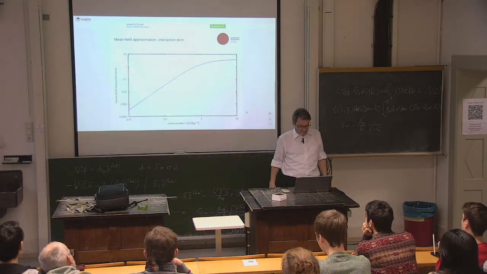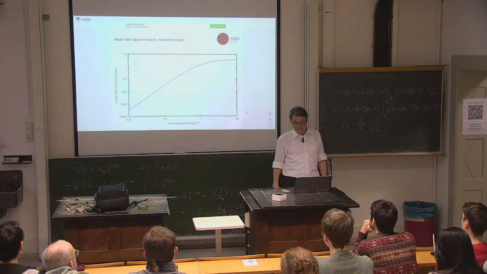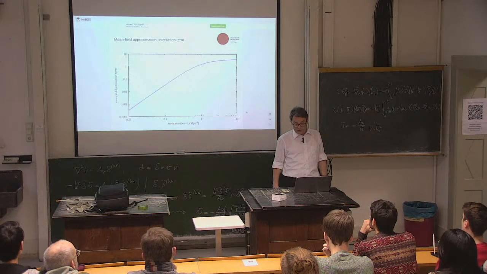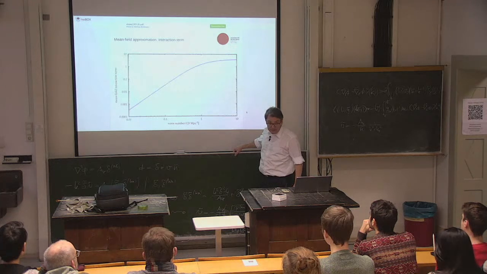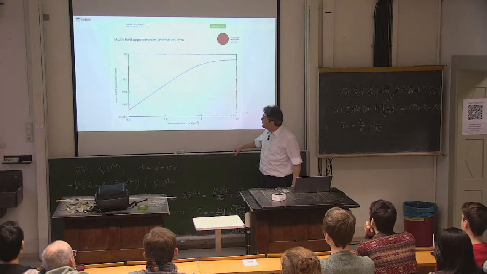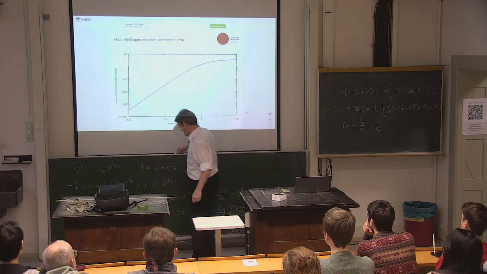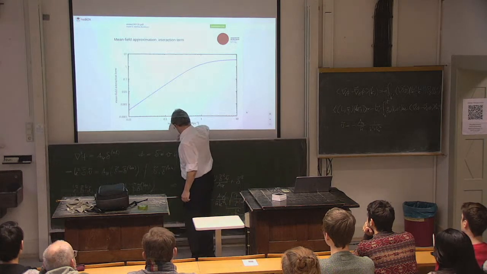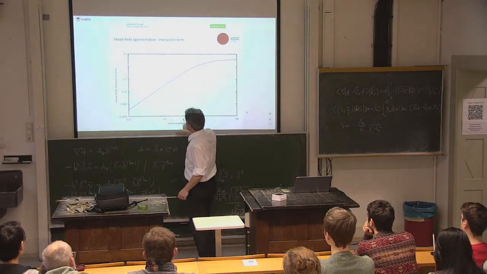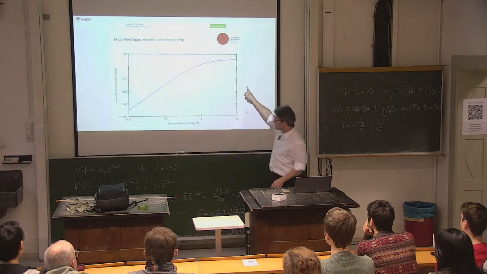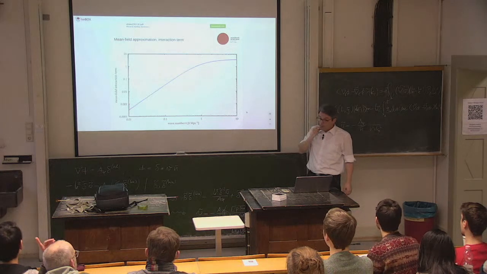All right, now this is the mean field interaction term. And this becomes k independent. And this is because the, okay. It's not easy to see, but as you see, it becomes k independent over here.